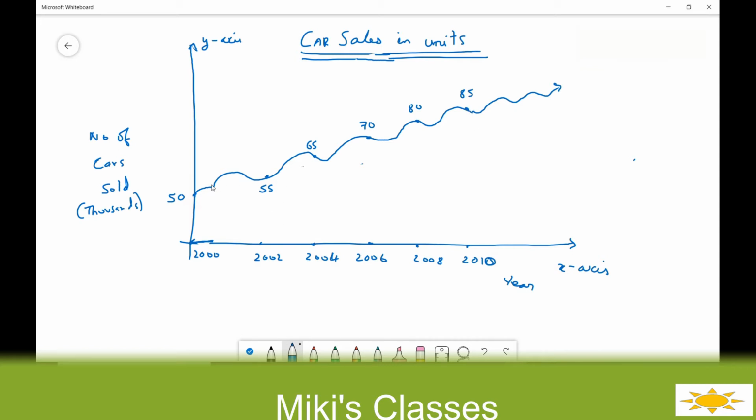Within that, there is a lot of movement, a bit of cyclicity. At times it goes up, at times it comes down, but generally speaking, it has been moving up all along.